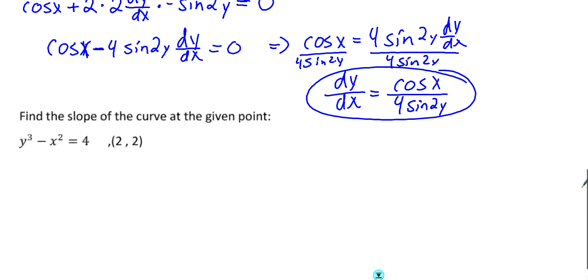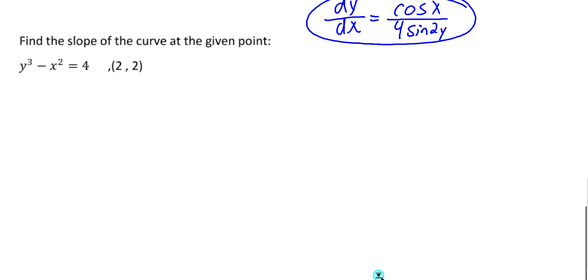All right. The last problem is on finding the slope of a curve. Remember, slope is nothing more than the derivative. So it's asking us to find the derivative and plug in those values to find the slope at that point. That means we've got to do this implicitly.